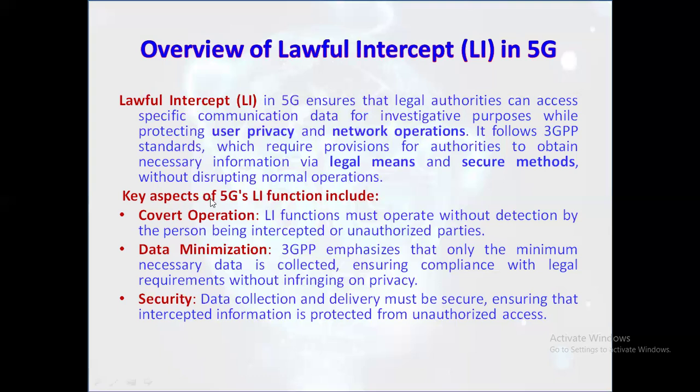And what are the key aspects of 5G LI, lawful intercept? They include covert operation. This LI function must operate without detection by the person being intercepted or unauthorized parties. And data minimization: 3GPP emphasizes that only the minimum necessary data is collected, ensuring compliance with the legal requirements without infringing on privacy.